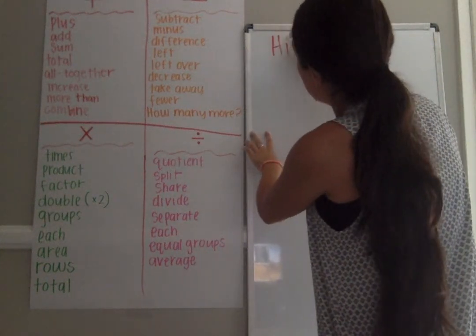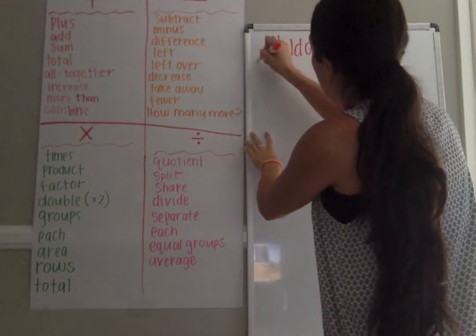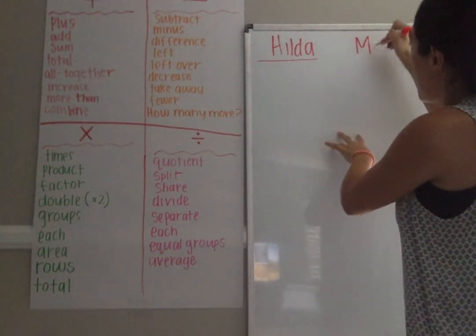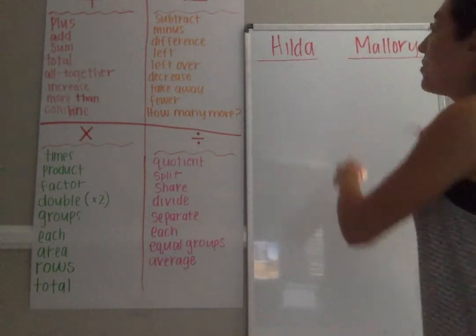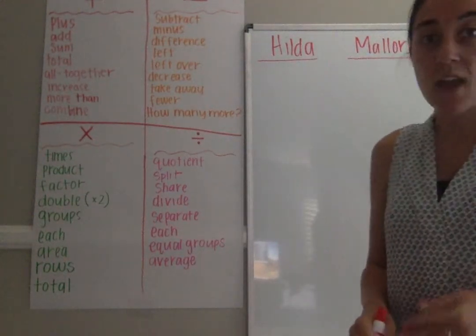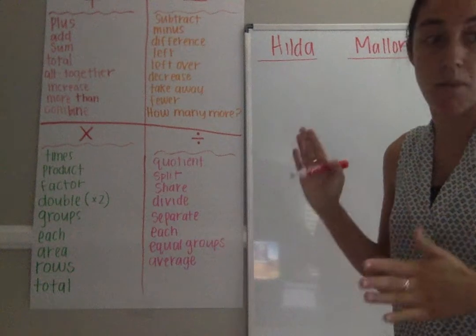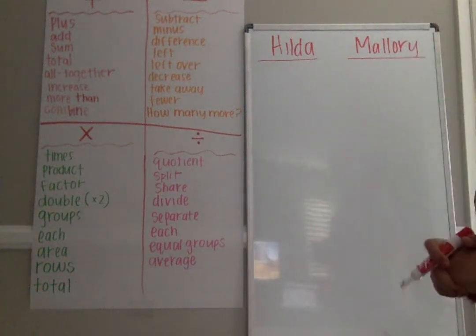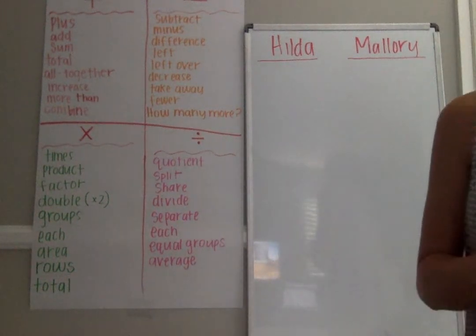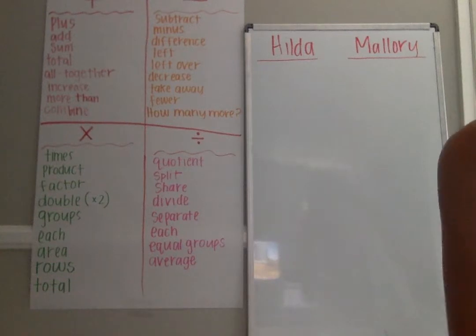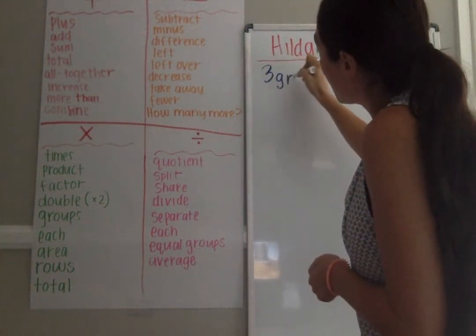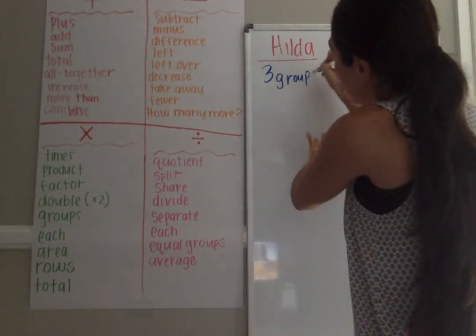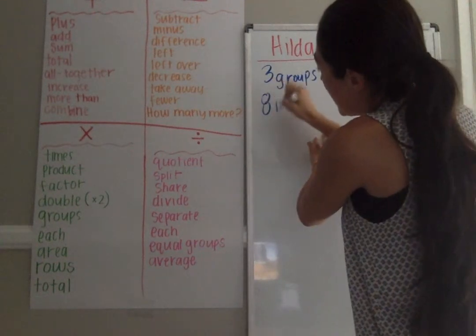So I'm going to put Hilda here, and I'm going to put Mallory here. We don't know the amount that each of them have yet. We just know they have the same amount. We know that Hilda's are separated into 3 groups of 8 seashells in each group. So 3 groups, 8 in each.